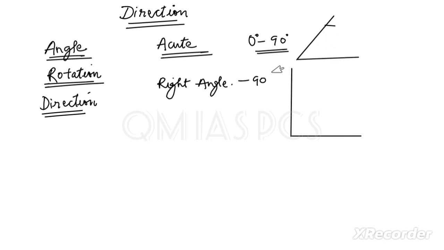And the final one is the obtuse angle. An obtuse angle is more than 90 degree but less than 180 degree. So you can write this one is an obtuse angle.